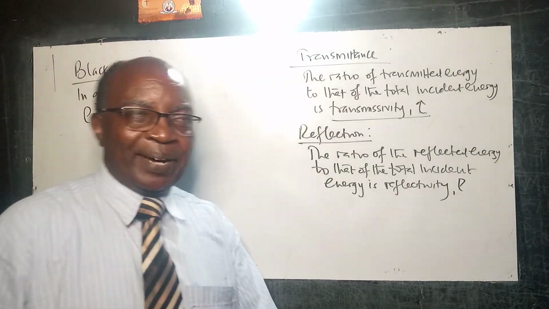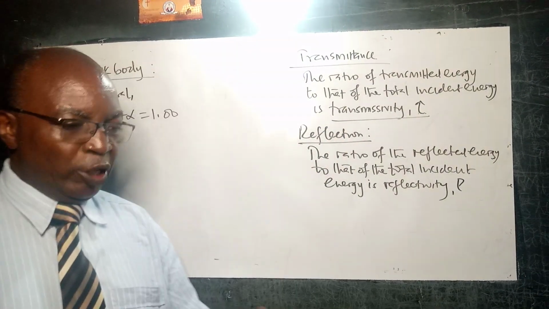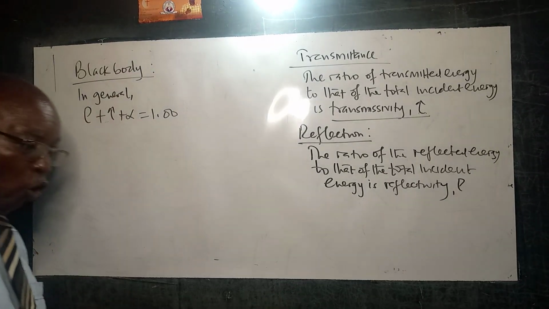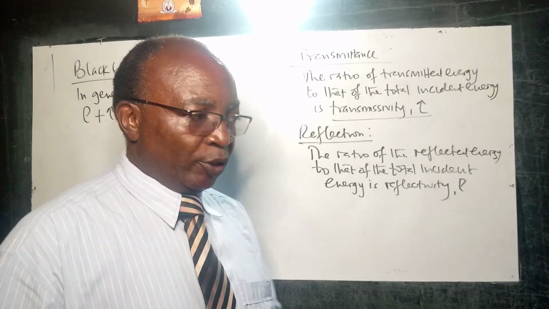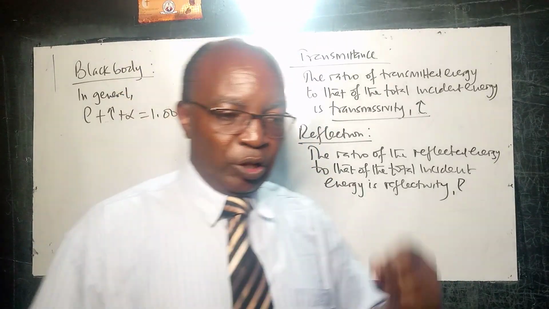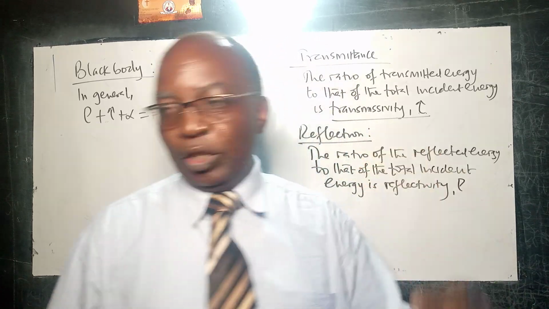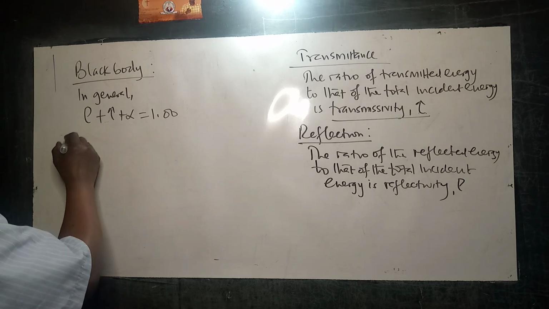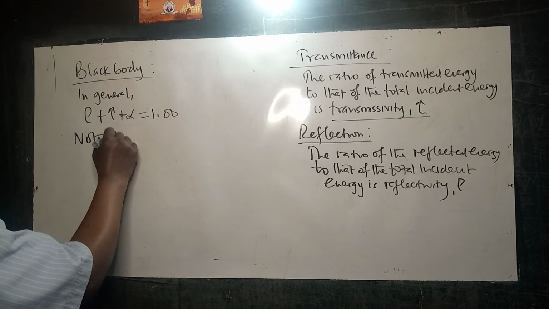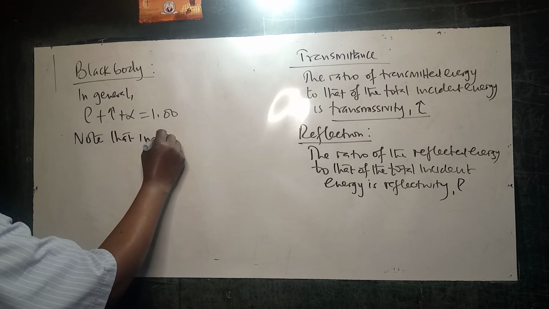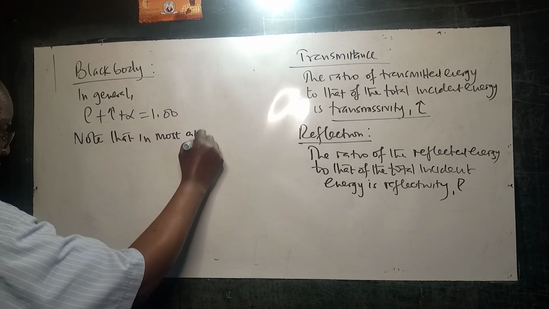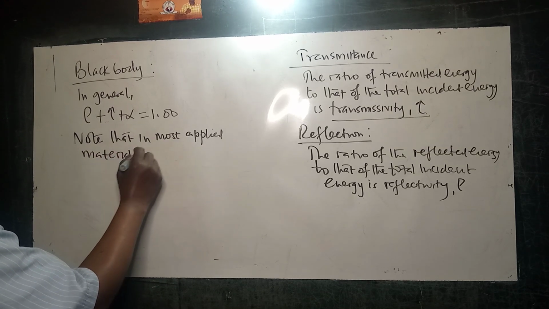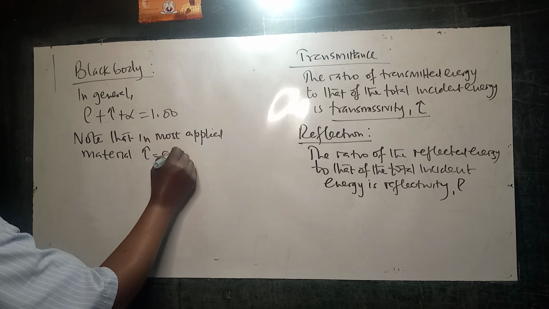In most practically used materials, normally there's no transmissivity at all. So in most materials used for important material processes, transmissivity is always 0. Note that in most applied materials, tau is equal to 0.